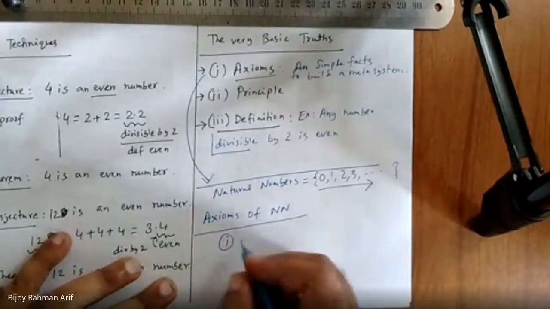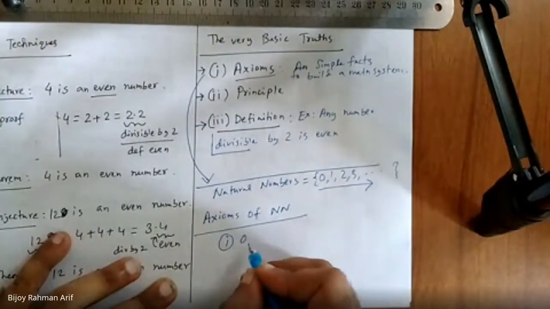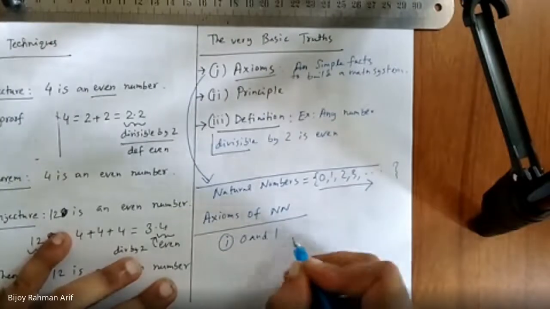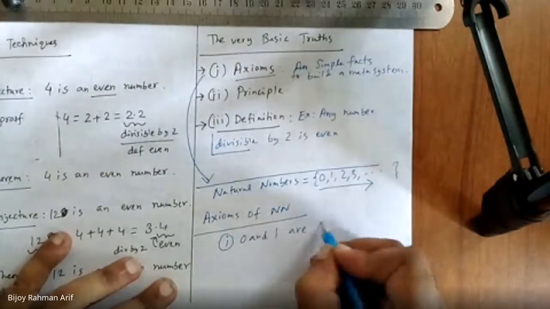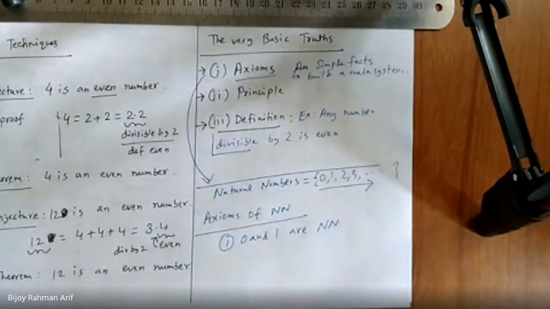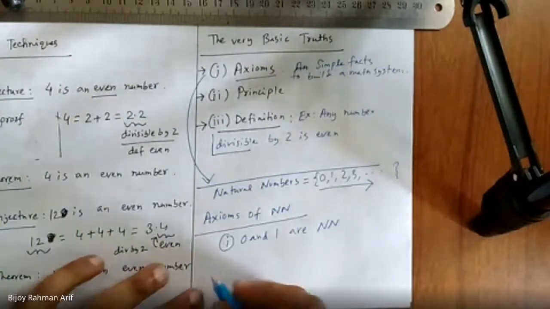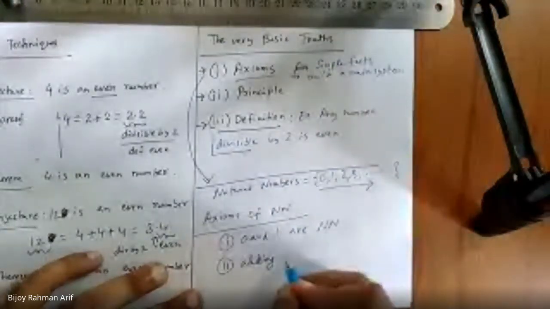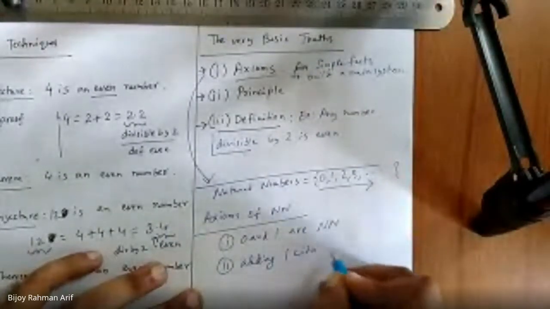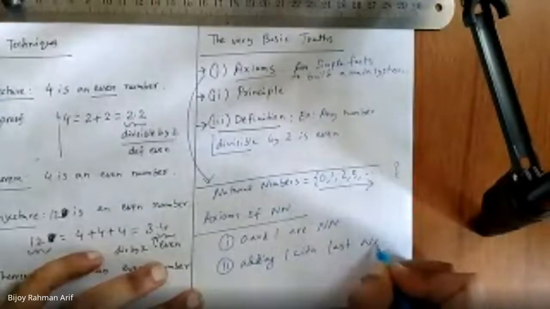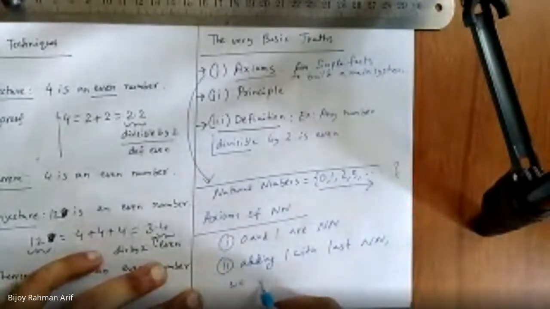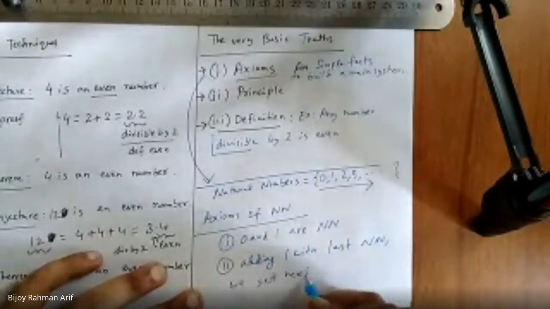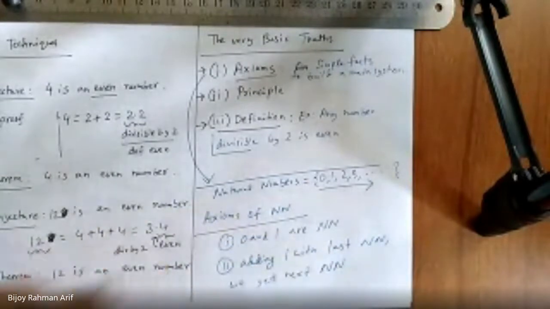Number one axiom: 0 and 1 are natural numbers. Right? My second axiom is adding 1 with the last natural number, we get the next natural number. Do you agree with me or not?